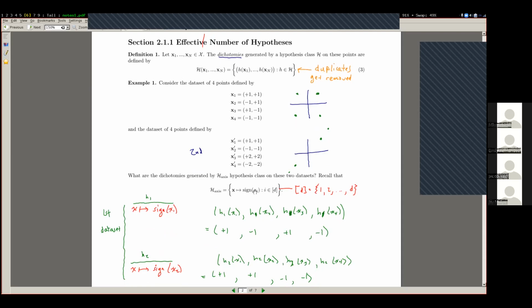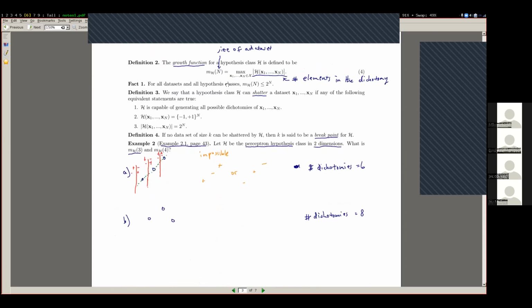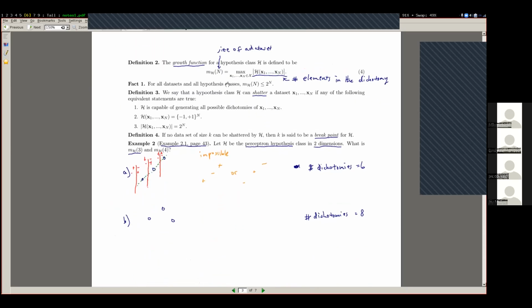two different finite hypothesis classes right here, finite to make it a little bit easier to work with, having different numbers of dichotomies. And then where we ended up last time was on this problem down here, talking about this idea of a growth function and some examples related to the actual perceptron hypothesis class.